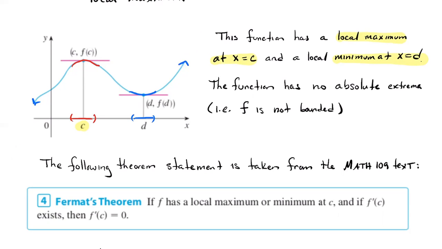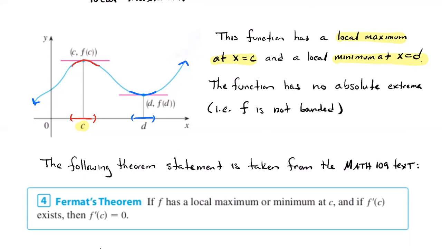So functions can have local extrema without having global extrema. Every global extremum is certainly local, right? If you're literally the biggest output on the graph, then you're in particular the biggest output in some neighborhood, but not vice versa. This function's outputs could get bigger than f of c, they just do so, quote unquote, far away from c.